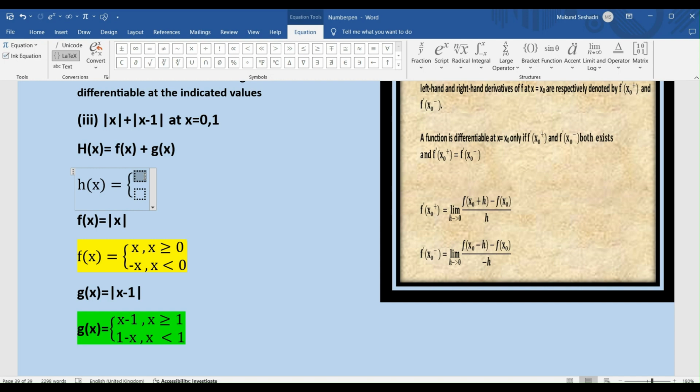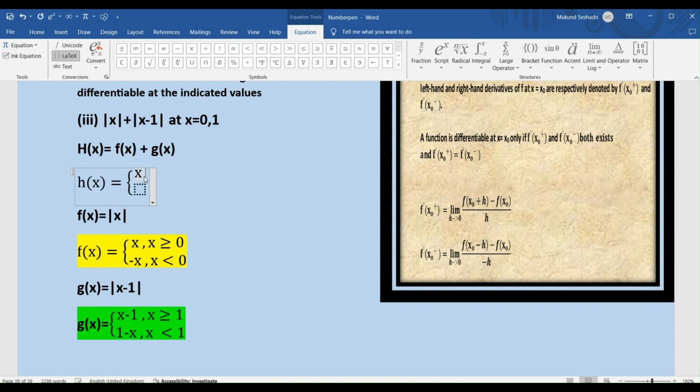So what happens, my f plus g for x greater than or equal to 0 takes a value x. But though I am greater than 0, I notice that for greater than or equal to 1, the function g takes x minus 1, and for lesser than 1, the function g takes 1 minus x, right?